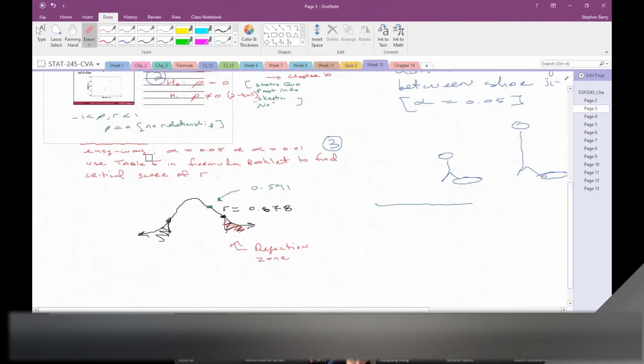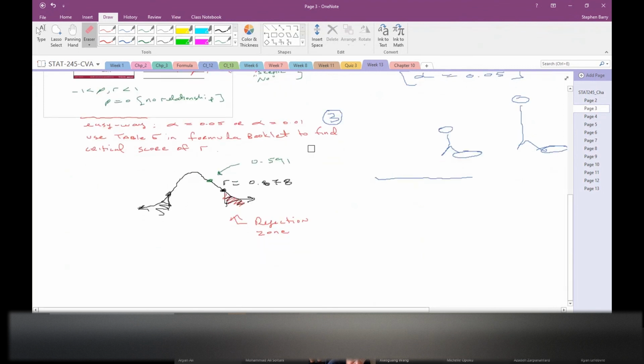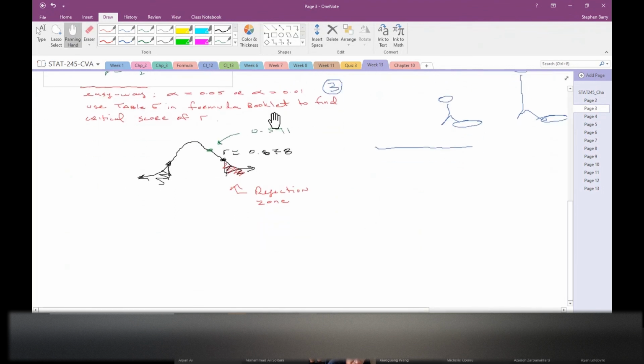When finding the critical score, the easy way is if you have 0.05 or 0.01. Now, I might mess with you on your final exam and not give you this alpha value, right? I might say, on the final exam, test the significance of the relationship at alpha equals 0.02 or something like 0.01 or 0.1.